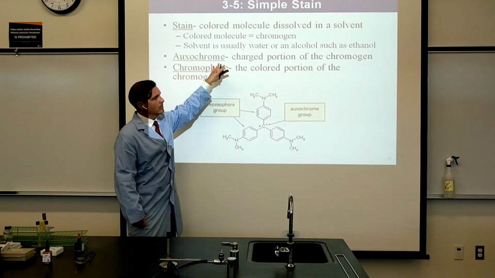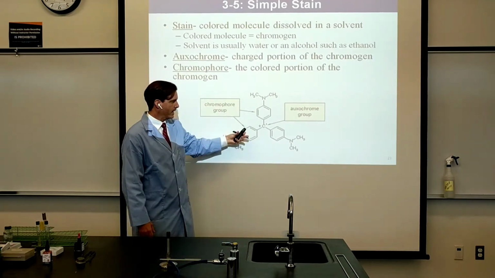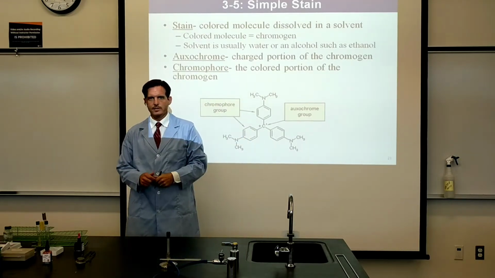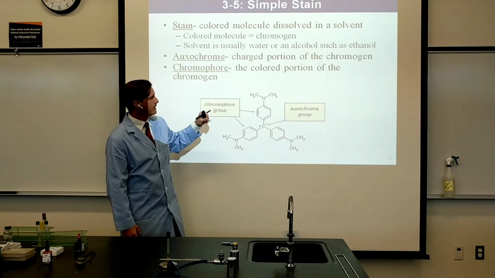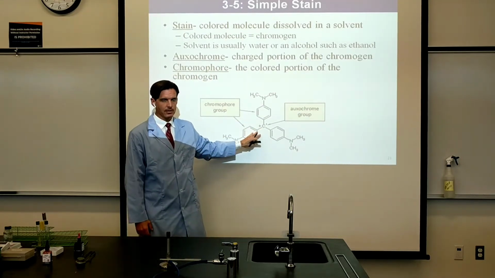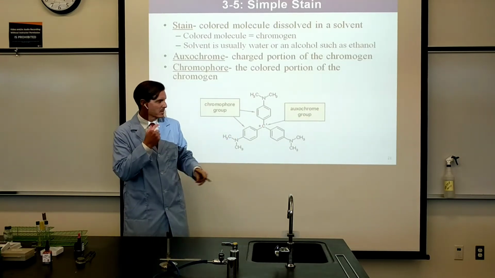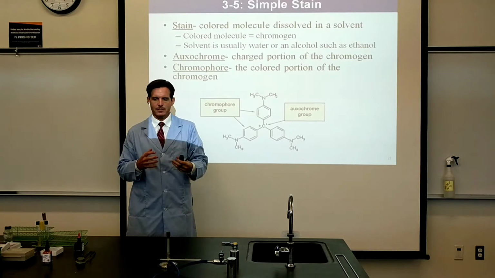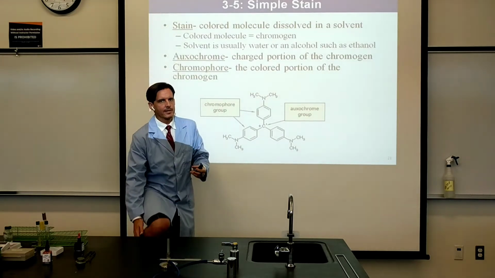The auxochrome is a technical term that we look at in analyzing what a chromogen is like inside of a stain, and it is the charged portion. If you look closely here, there's a little plus charge on this molecule, and that gives it this positive charge that will be absorbed by the cells.